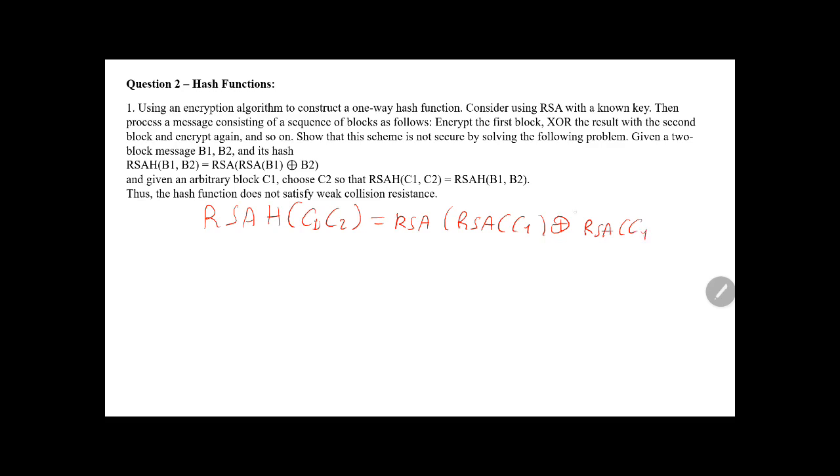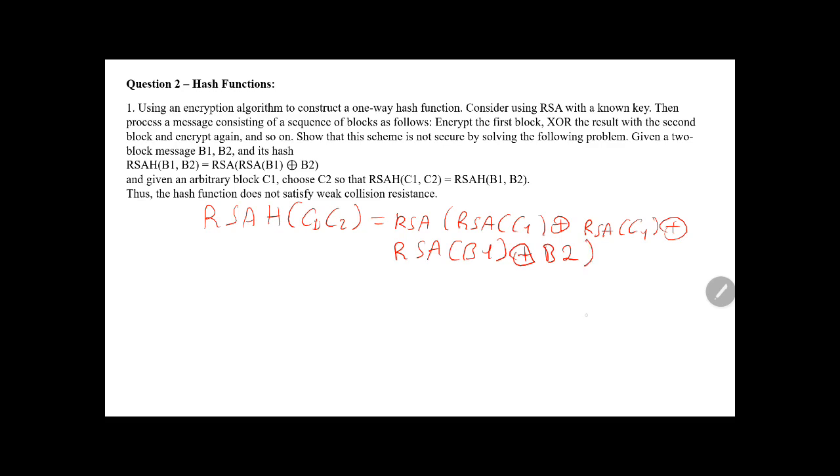Remember, this part is from the C1 from the C2 representation we wrote on the other line. Here, this should be XORed with RSA of B1 XORed with B2.